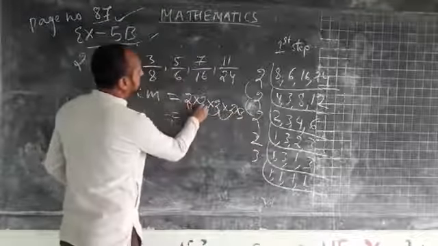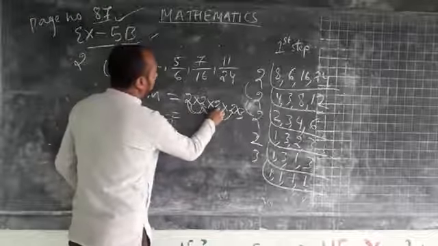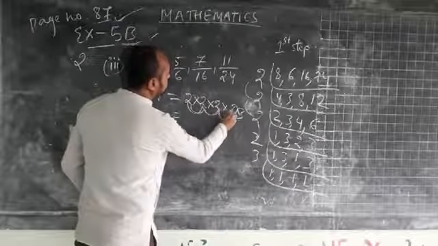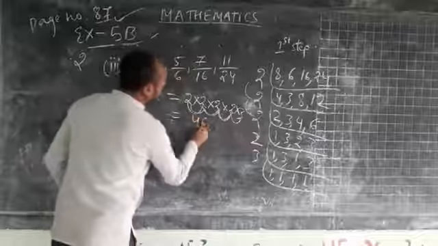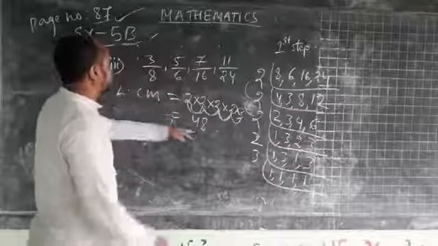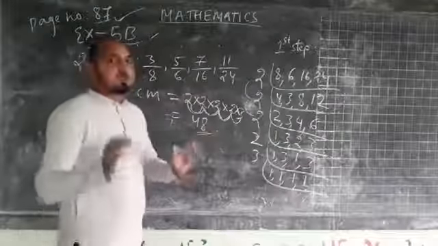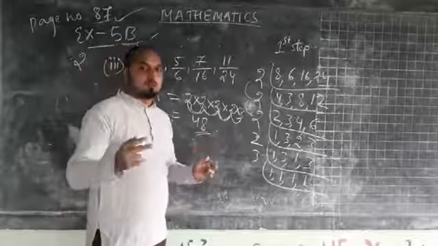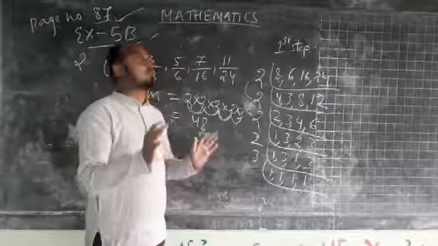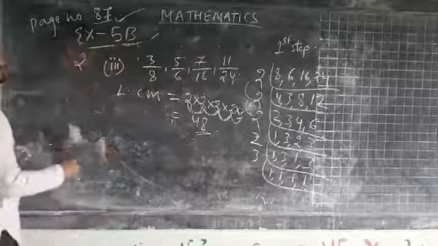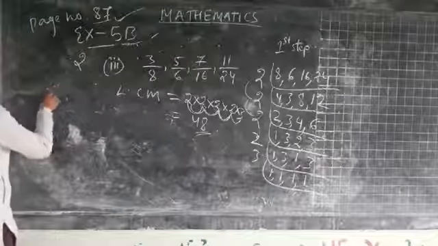So here 2 2s are 4, 4 2s are 8, 8 2s are 16, 16 3s are 48. So LCM is 48. We can solve this one by two methods. Whichever you feel easier, you can follow that method. So I am going to solve this one by the first method.